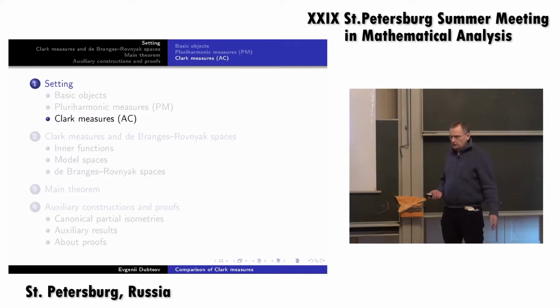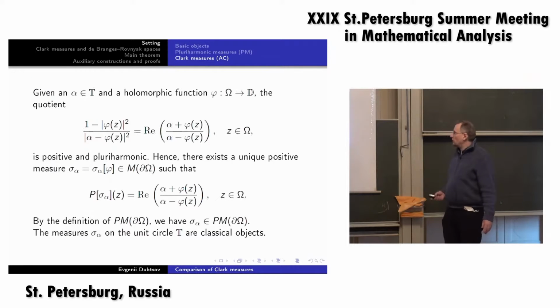They are also known as AC measures. Okay, C is for Clark. So if we have a point alpha, the modulus of alpha is equal to 1, and we are given a holomorphic function phi defined on Omega with values in the open unit disk, then the real part of the quotient (alpha plus phi of z) over (alpha minus phi of z) is a pluriharmonic function, as follows from the second relation, but also from a direct computation as in the case of one variable.